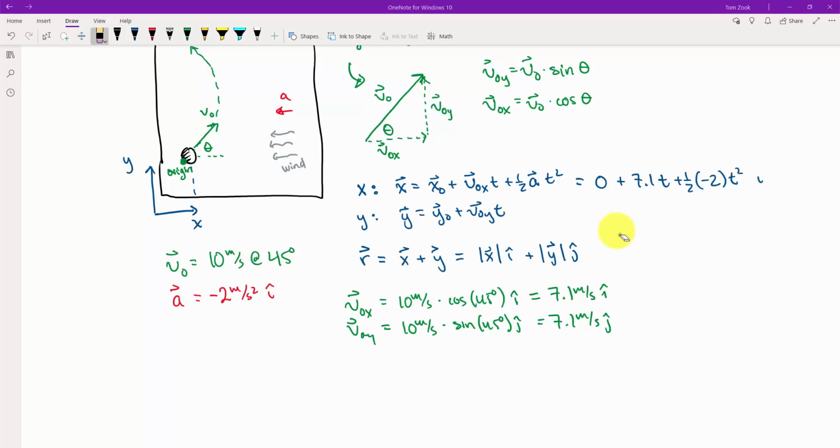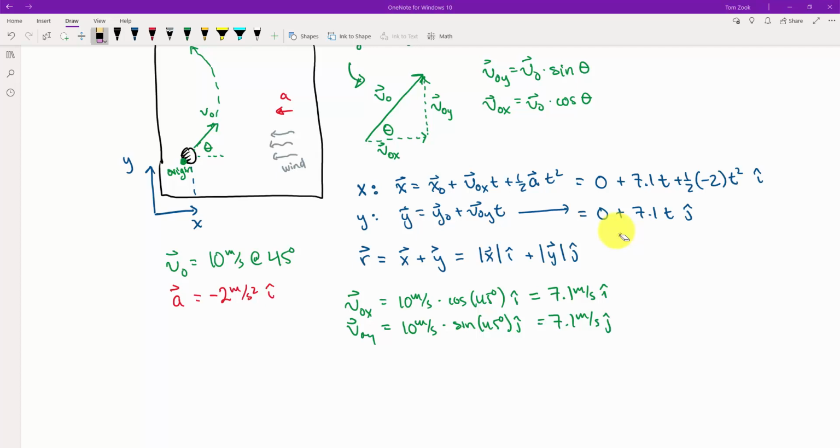And all of those are going to be in the i direction. So it is everything that we have for the x function right there. And then for the y function, it's going to be 0 plus 7.1t, and then nothing. We're done there. And that'll be all in the j direction.